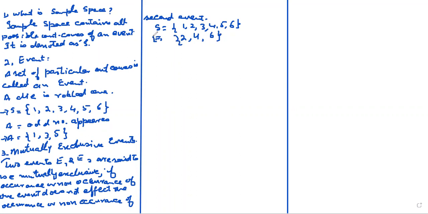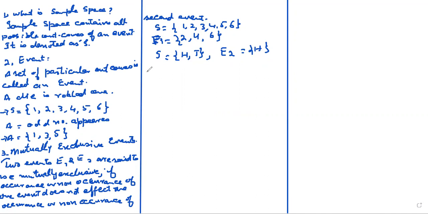And there is another sample space, S, where a coin is tossed and E2 equals H, the head. So you can see that these two events are called mutually exclusive events because the occurrence and non-occurrence of one event does not affect the other, or vice versa.